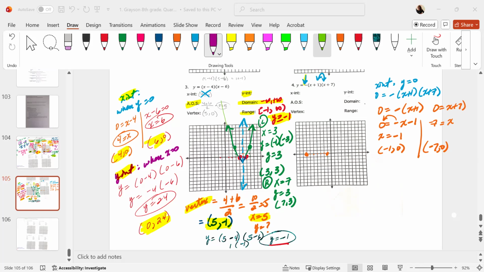X plus 1, yeah, negative and x plus 1. Okay, and what's the next one? X plus 7? Yes. Okay, and we said that was at negative 1. That's correct, right? And what's the other one?